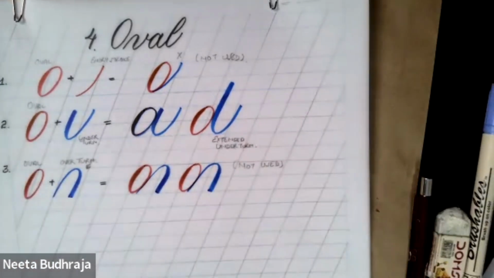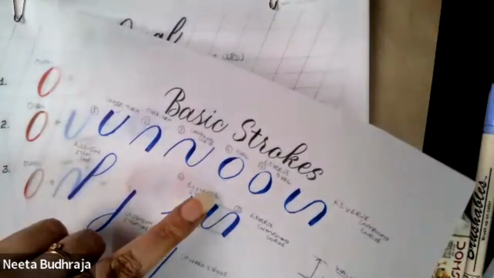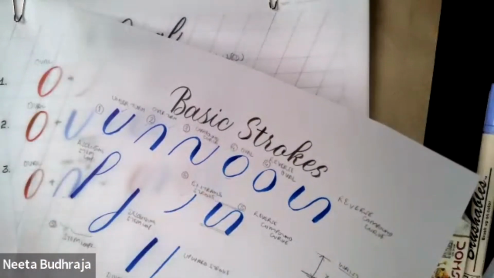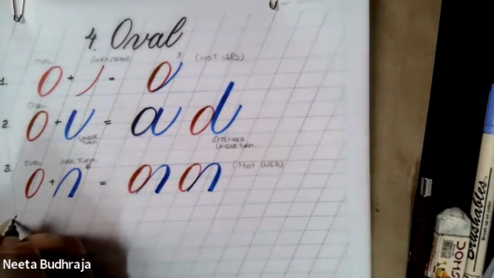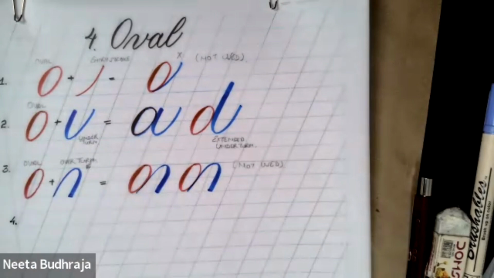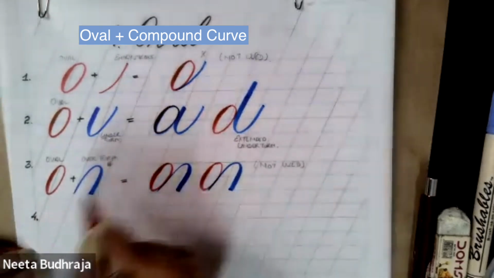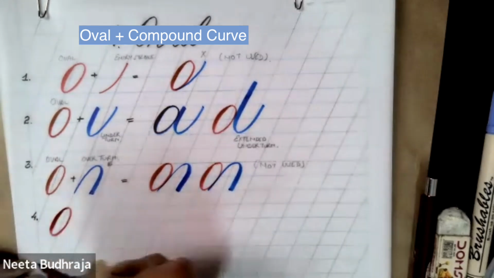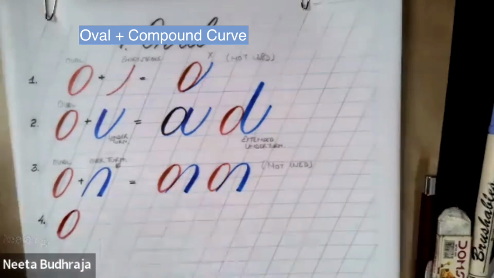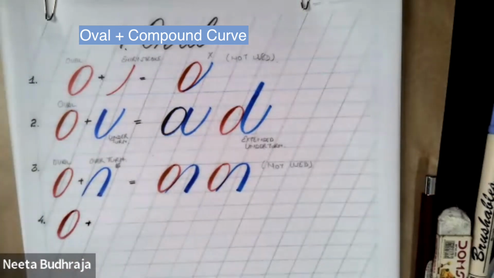Now let's have a look at our next stroke with our oval. So let's take oval and compound curve. So the fourth scenario, our oval and compound curve.